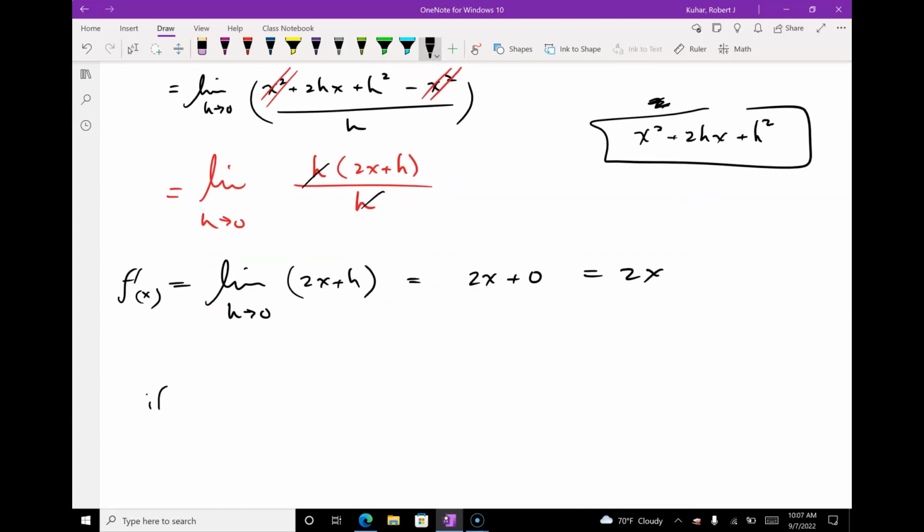If y equals x to the n, then y prime equals n times x to the n minus 1. This is called the power rule. If I have x to some power, to get the derivative, I bring down the power and decrease my power by 1.